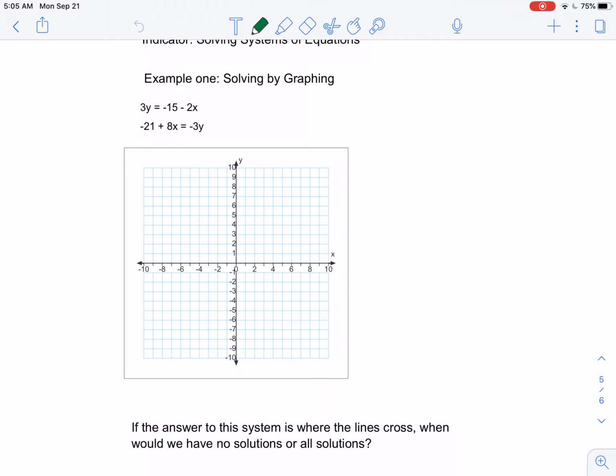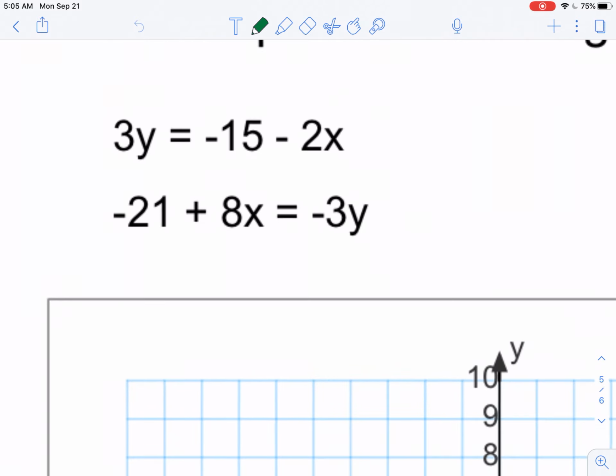So, the first step for these is we're going to need to graph these. We're going to see that we're not in slope-intercept form. So that's going to be the first step, is we're going to take them and get them in slope-intercept form. So for this first one, we have 3y equals negative 15 minus 2x. In order to do that, we just got to divide everything by 3.